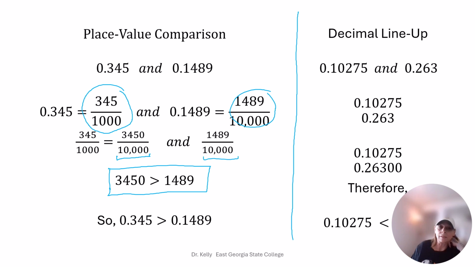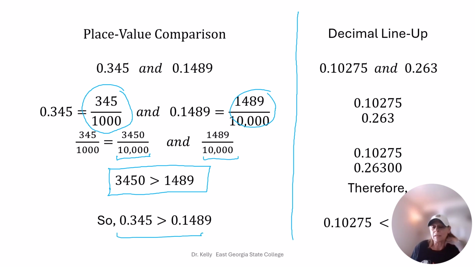And so we can say 345 thousandths is greater than 1,489 10,000ths.